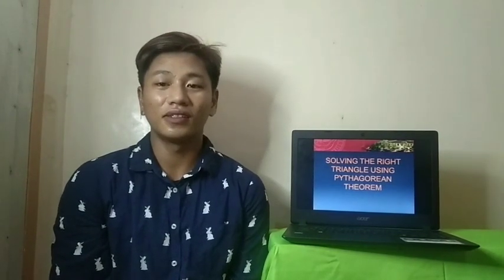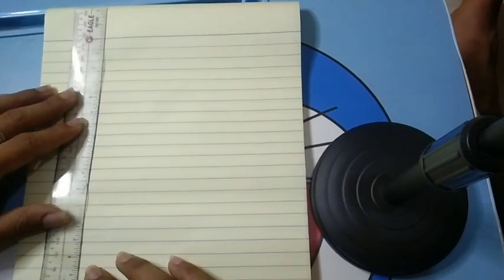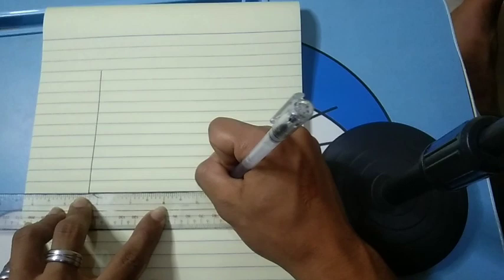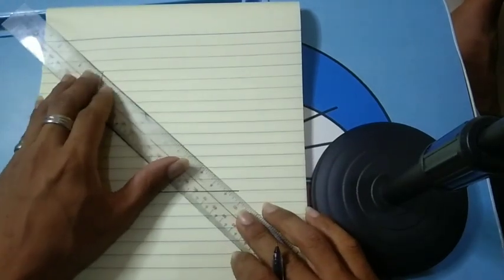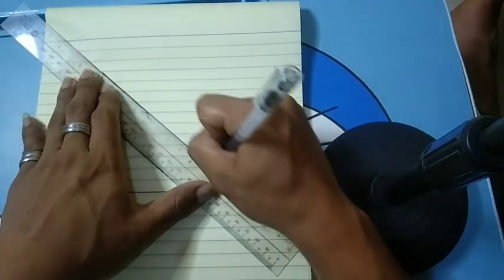Solving the right triangles using the Pythagorean theorem. I am going to show you a right triangle. A straight line, and then a straight line, and also a straight line.